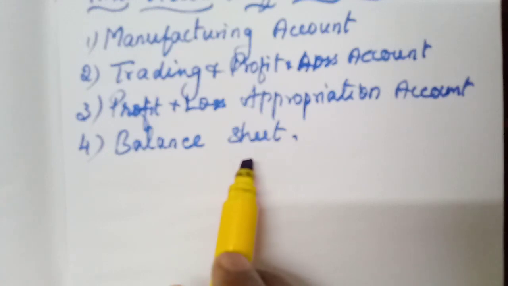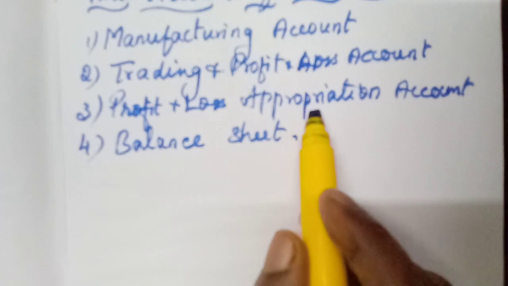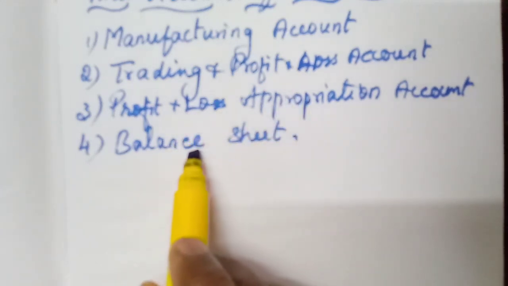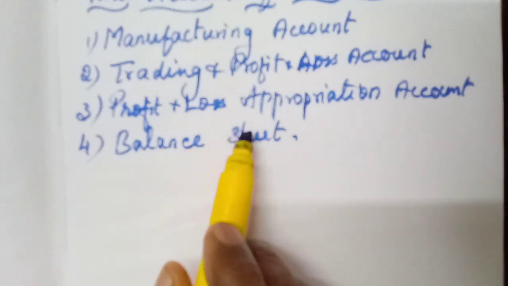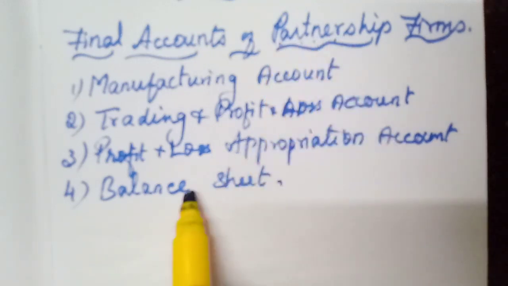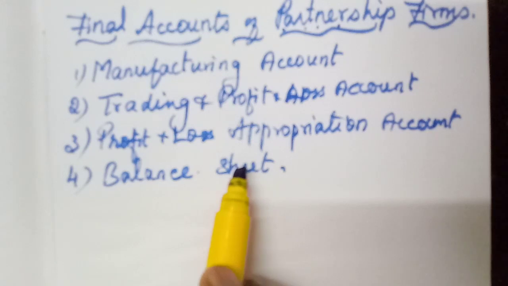All these adjustments we have to make in this profit and loss appropriation account. The balance in this account only will be carried on to the balance sheet. But everywhere we should show the partners' details, partners' names. Under each partner's name we will transfer that amount in the profit sharing ratio. Okay.